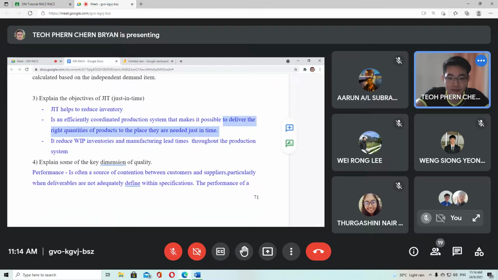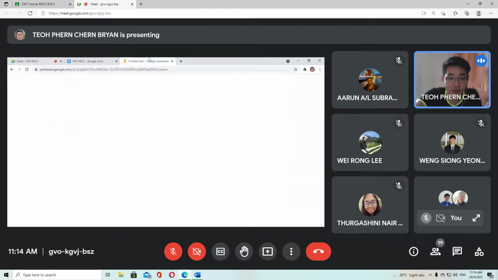The second objective is right quantity, right place, right time, right product. And reduce WIP inventories.